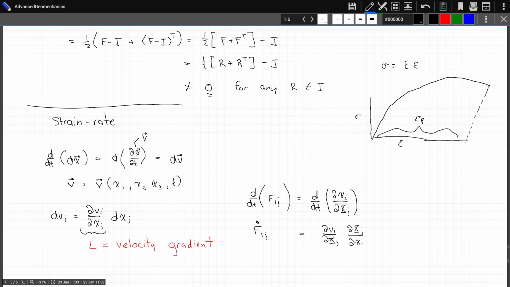partial x_k, right? This is the index notation for matrix multiplication. If I multiply here, I have to multiply there too, right? So let me just go ahead and do that: partial X_j, partial x_k.